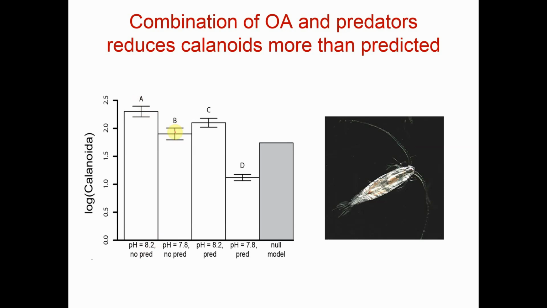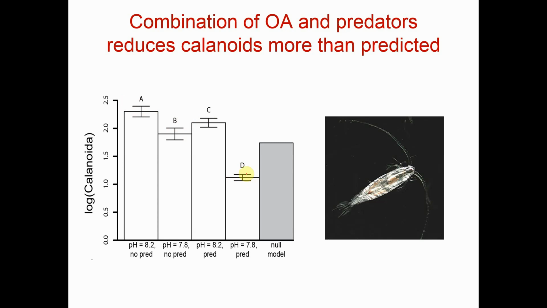When we keep ocean acidification conditions the same as ambient, but we add a predator, we see that the number of copepods drops from here to here. But crucially, when we add both a predator and we change the CO2 conditions so that we get increased acidity, we now see that the number of copepods drops from here all the way down to here.